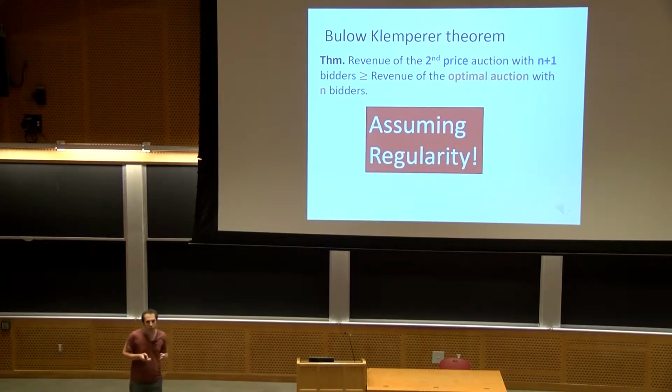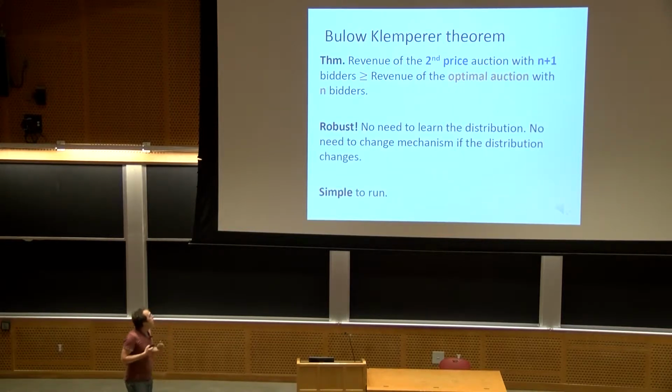I stress that this holds, and our results as well hold, if we assume regularity. So we'll assume regularity of the distributions throughout this talk. And this result is very robust because we don't need to learn the distribution. The distribution can even change over time, and we are still guaranteed to get more revenue. And also, the second price auction is arguably a pretty simple mechanism to run.